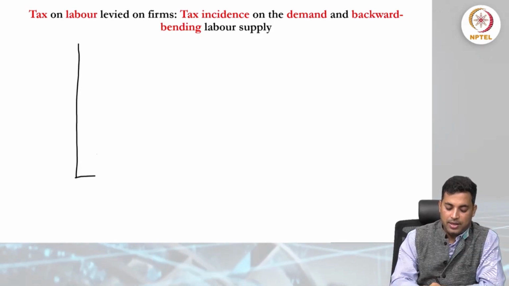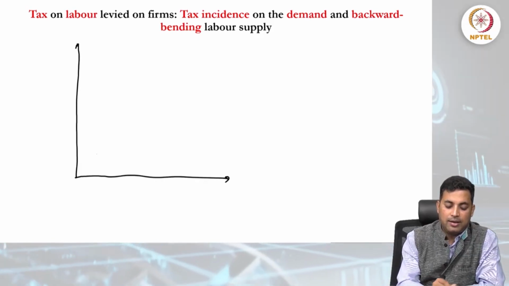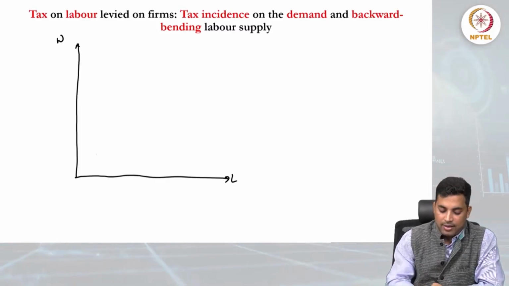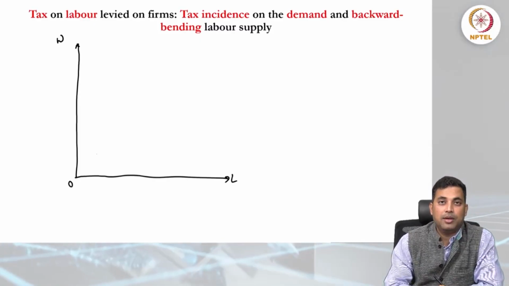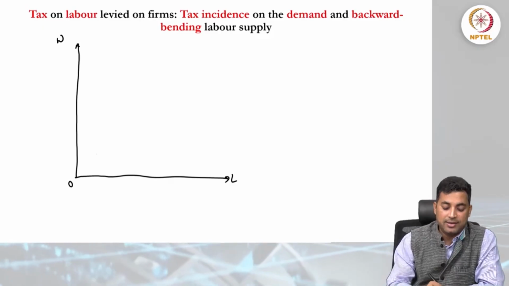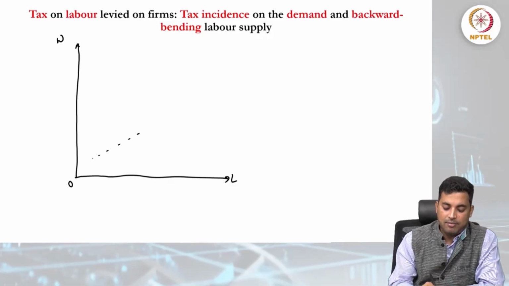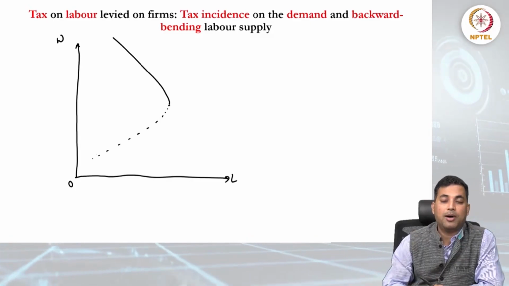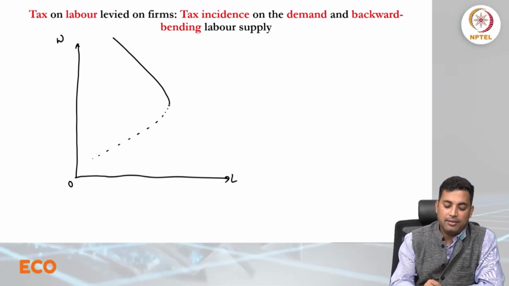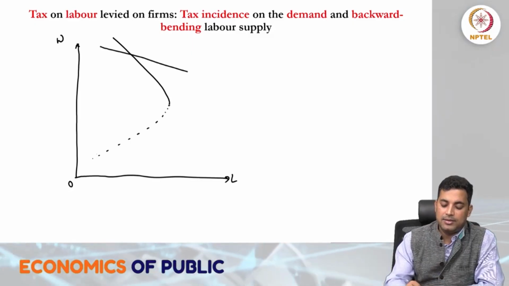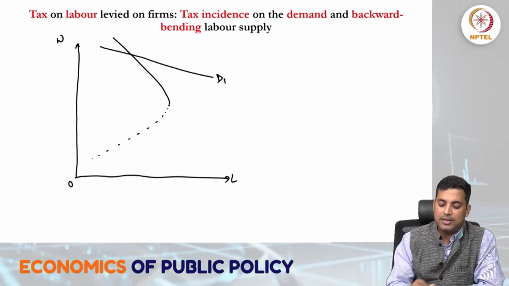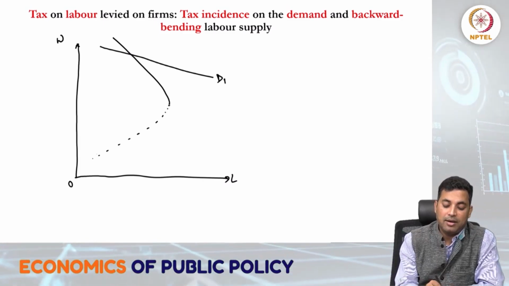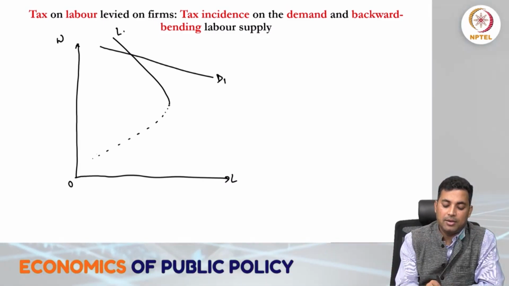I am again drawing, with wage measured along the vertical axis and the amount of employment of labor measured along the horizontal axis, and this is the backward bending supply curve. We are taking only the upward part of the backward bending curve, and say this is the demand curve D1, the labor demand, and this is the labor supply.